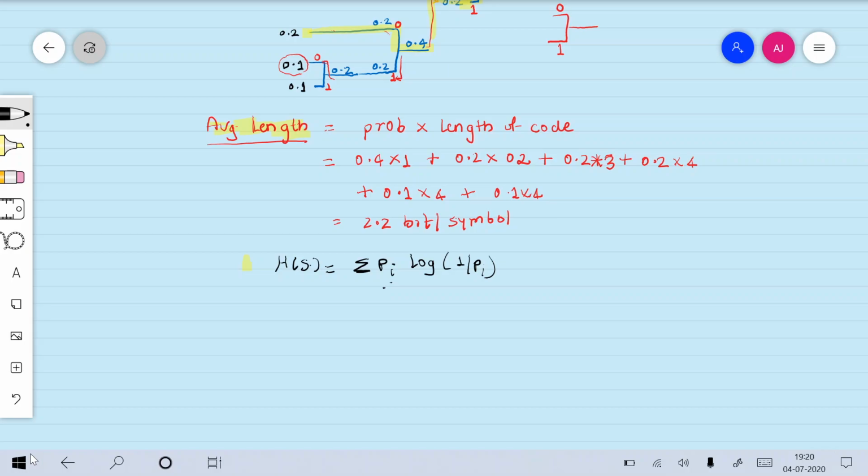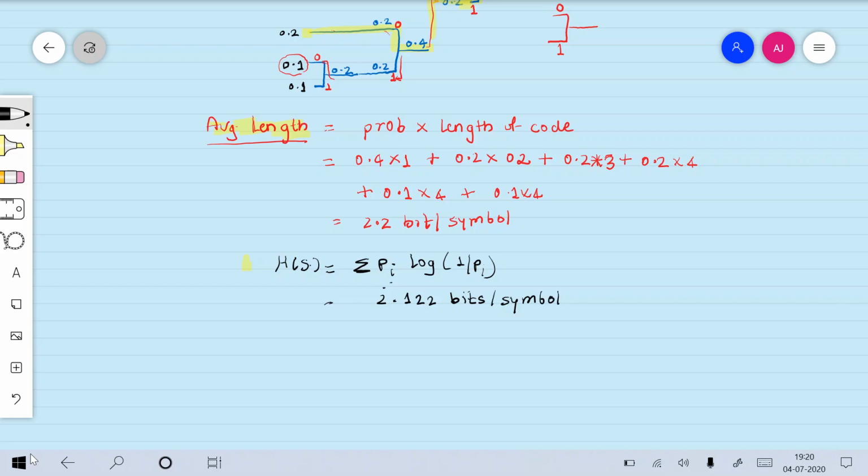When you calculate this, it comes to around 2.122 bits per symbol. So remember, the unit of entropy is always bits per symbol.